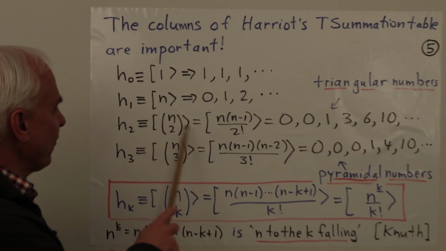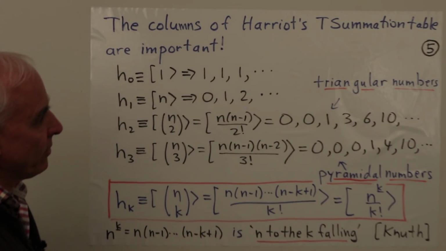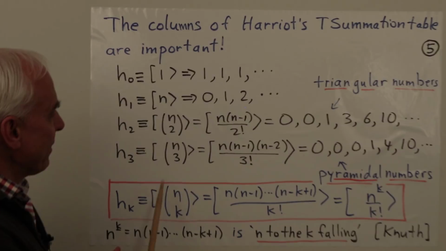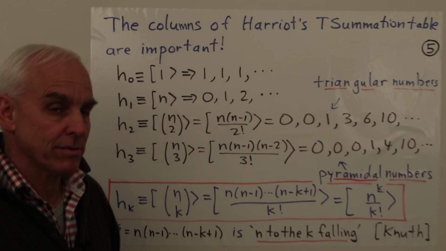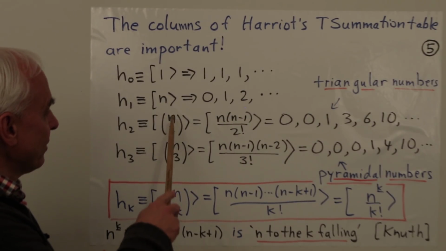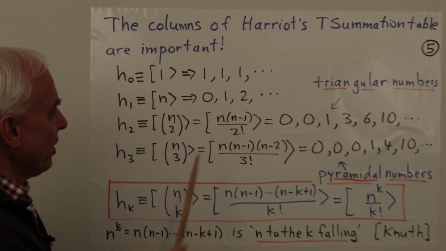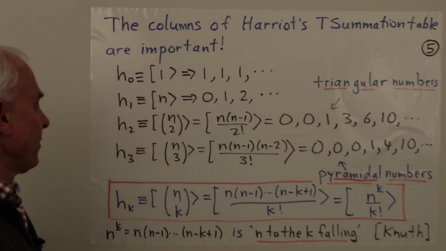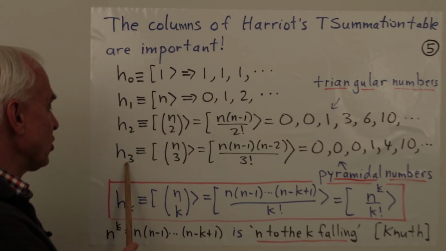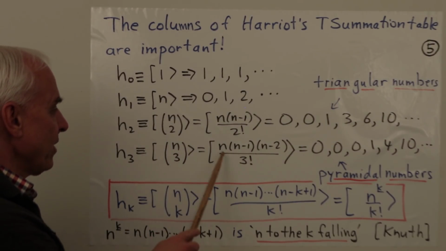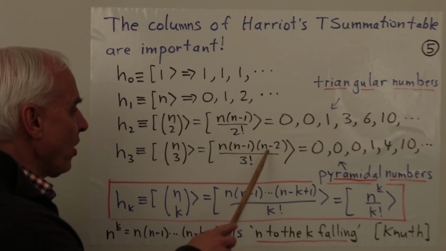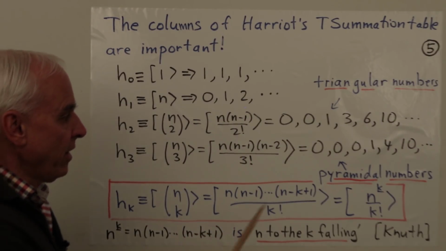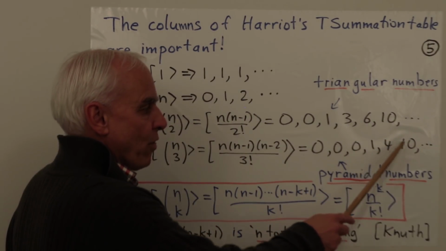And this triangular sequence of numbers, of course, has a binomial expansion. You can write it as n choose 2, more specifically, as n times n minus 1 over 2, or 2 factorial. Then the third column, H3, is n choose 3, the numbers of the form n times n minus 1 times n minus 2 over 3 factorial: 0, 0, 0, 1, 4, 10, and so on.